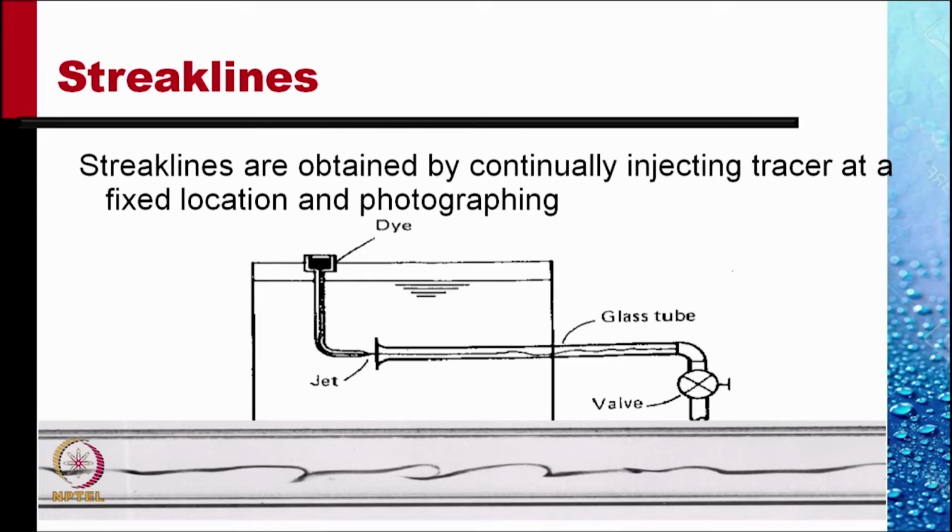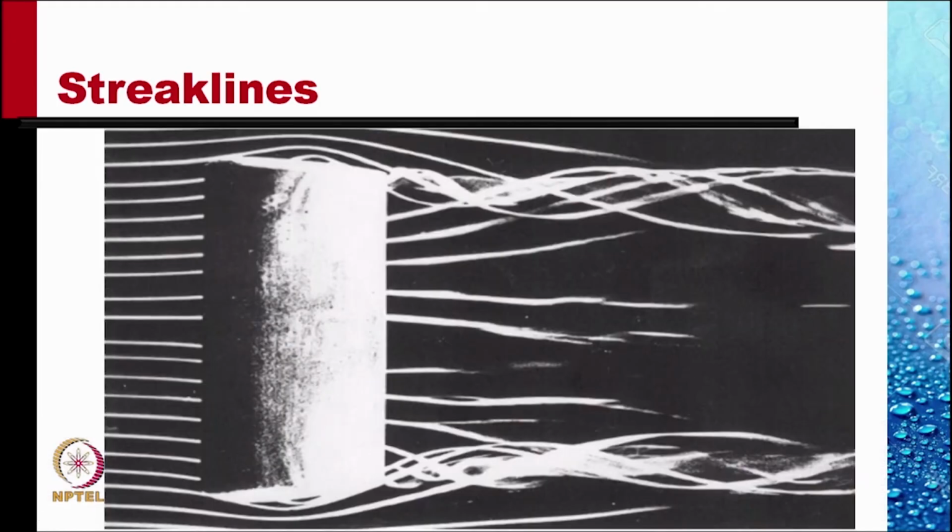The streak lines that we saw in the Reynolds experiment are streak lines because all the particles are emitting from the same orifice of the jet. These are the streak lines of flow past an aerofoil.